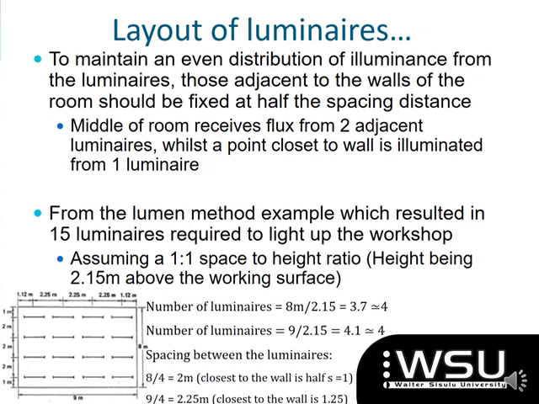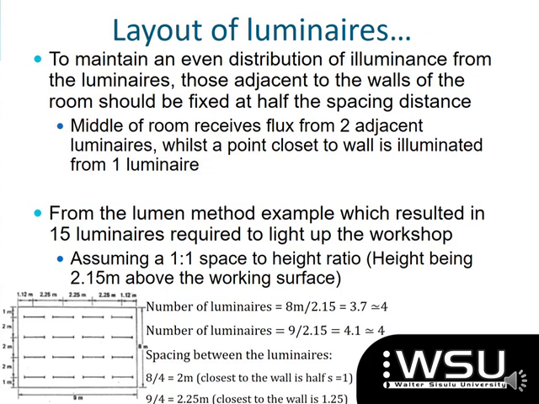So in our example, we know that the height we're given for the workshop was 3 meters. The height from your workbench to where your light is at is going to be 2.15, because it's the 3 minus the 0.85 of your working bench height.